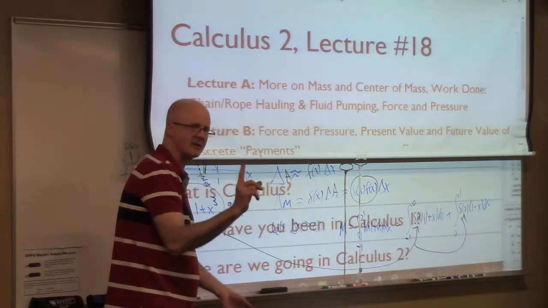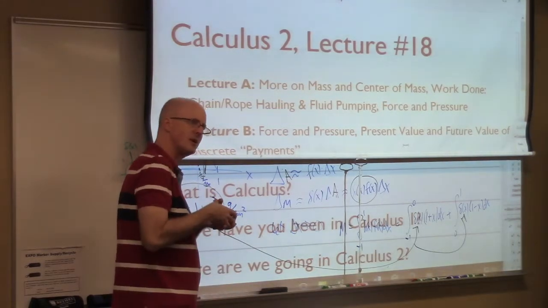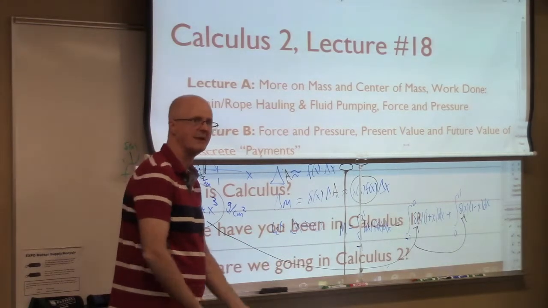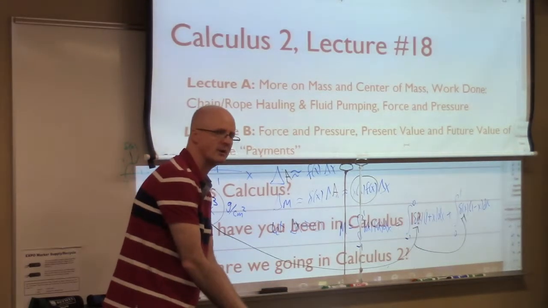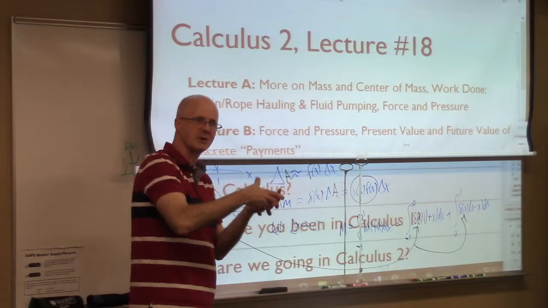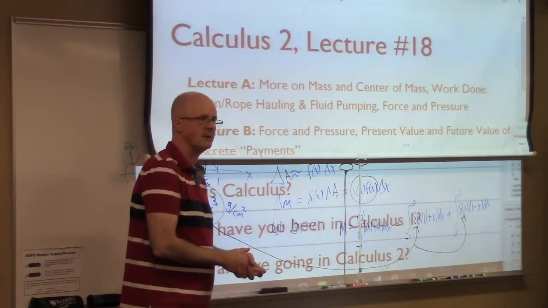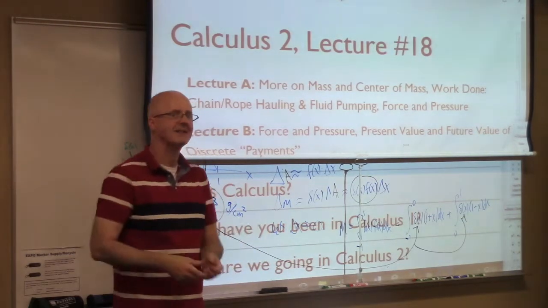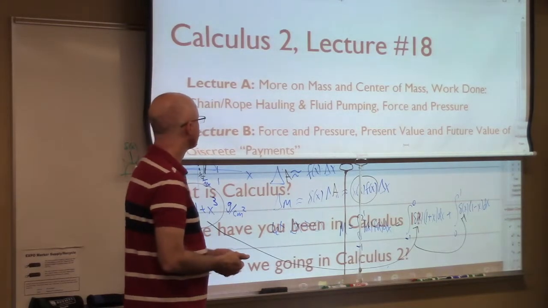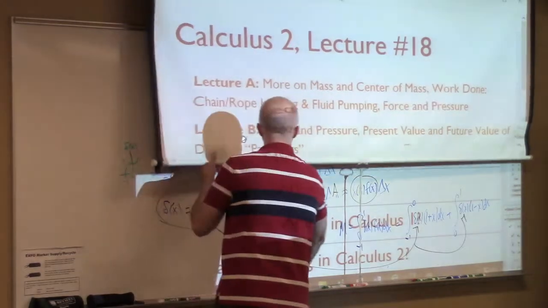You pretended it was like a point particle that you pull up a constant distance. And so you didn't have to figure out an integral to do the work done for that. You just take the force, which is the mass times g, times the distance. And that was the work for the extra anchor that you pulled up into the boat. You add that to the work done for the chain itself. Let's do a fluid pumping example.